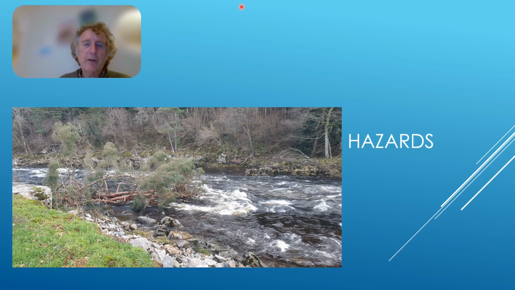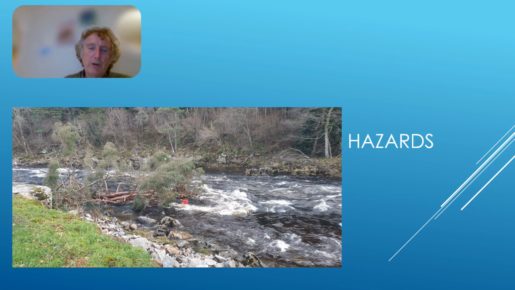So looking at hazards, a very obvious one here is this tree that's fallen into the river. The river's flowing this way. If you were capsized and in the water, or if you were in your boat and you ended up in this area, it's very dangerous because the force of the current is able to flow through the tree.